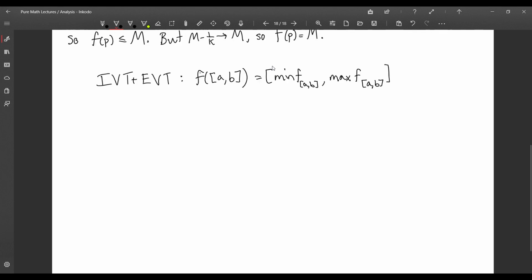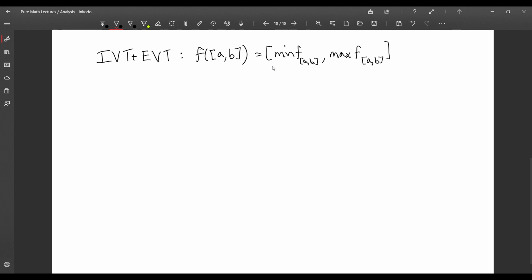Okay. Now, just quickly, before I wrap this up, I want to talk about an example. I promised an example of a function continuous, but not uniformly.